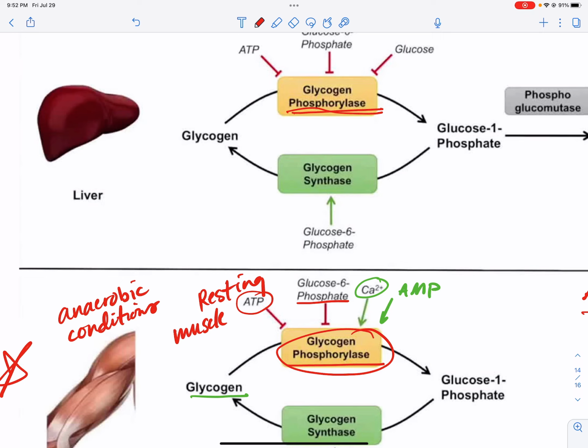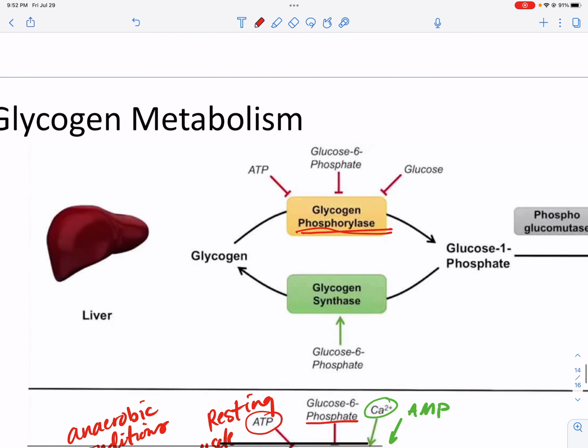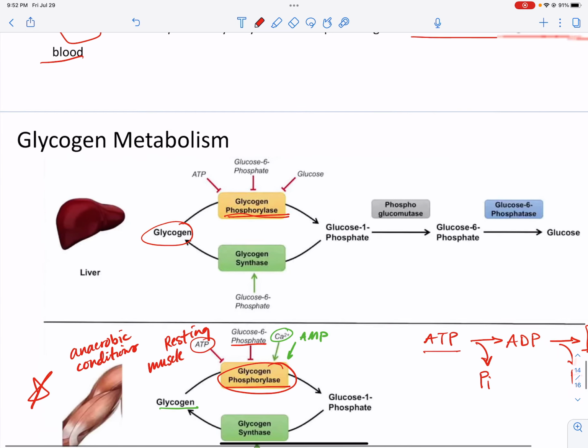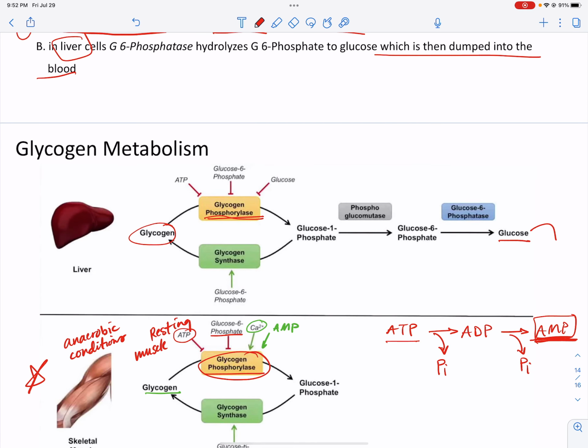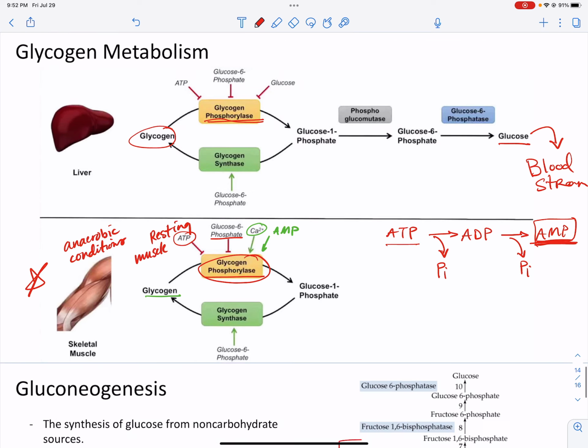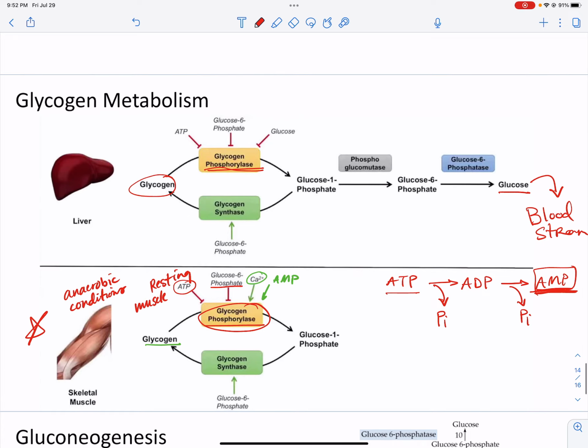And because it's not the main source of energy, then the hepatic or the liver form of glycogenolysis is really just so that we can break down glycogen into free glucose, which we then just dump right into the bloodstream. Okay, so the purpose, let me re-summarize that.